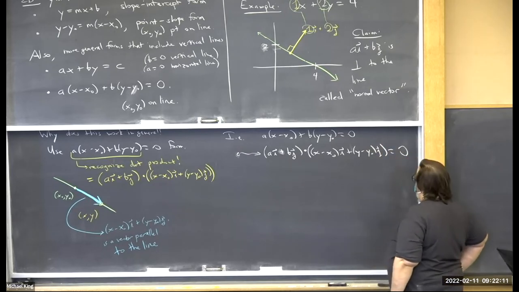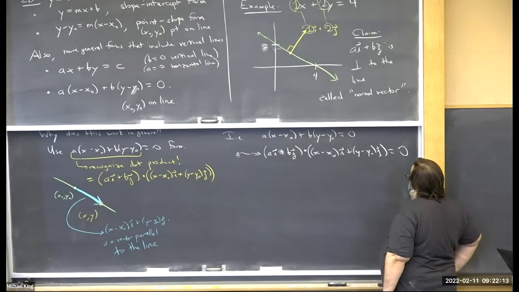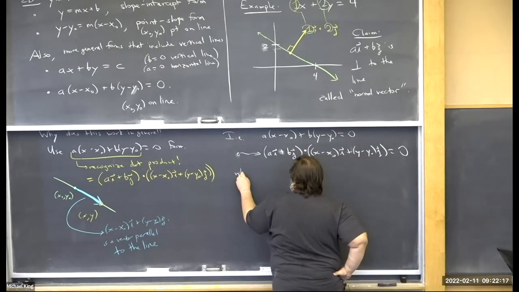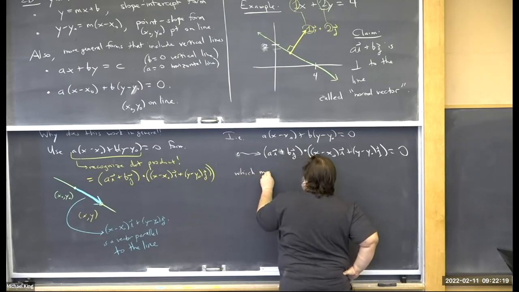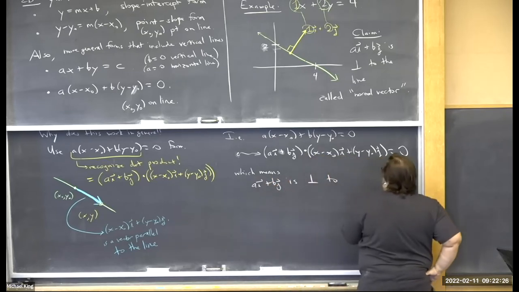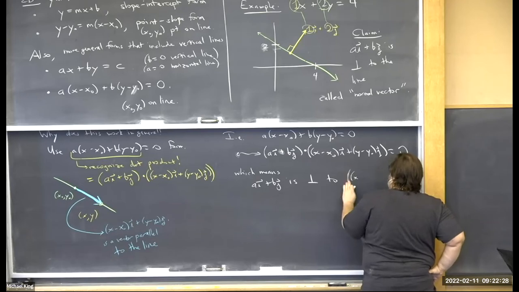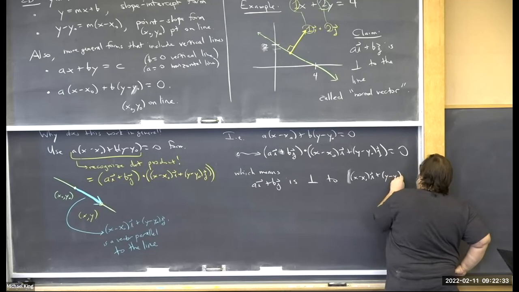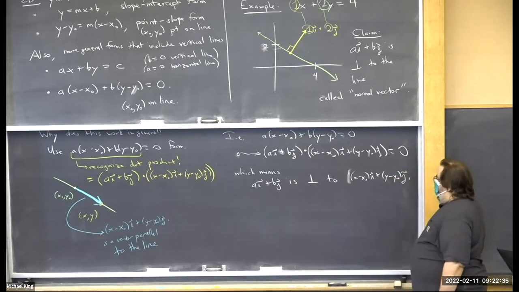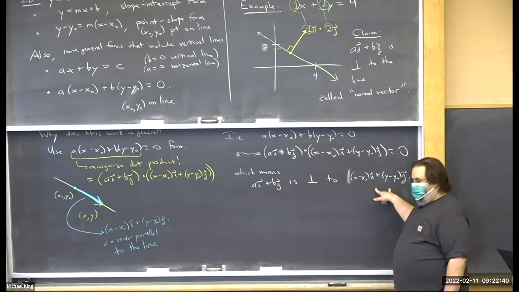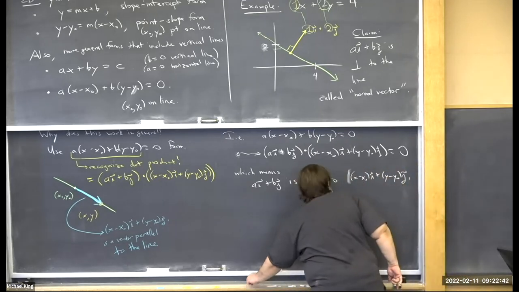Which means this vector is perpendicular to this vector. And this vector was along the line, right? This vector is parallel to the line.